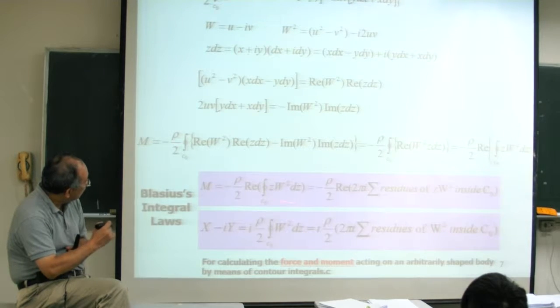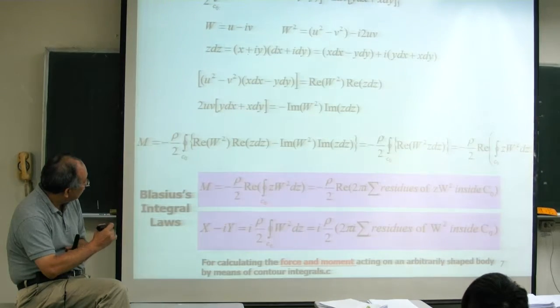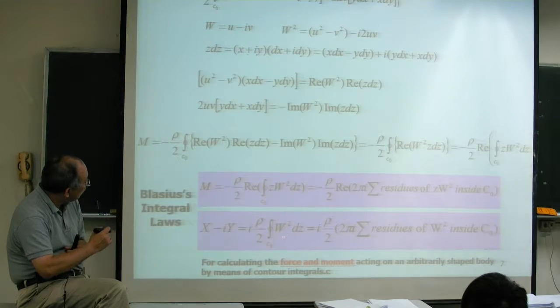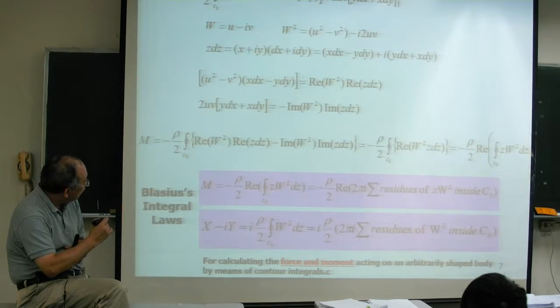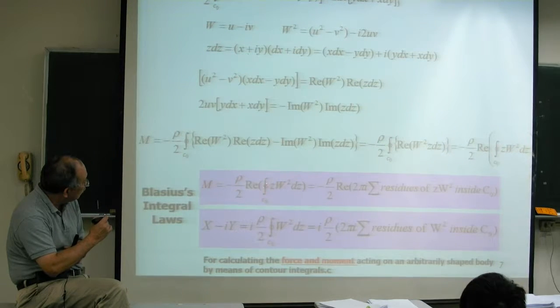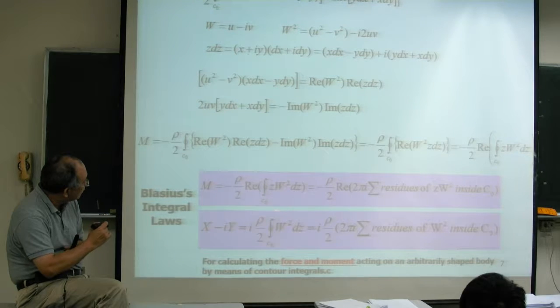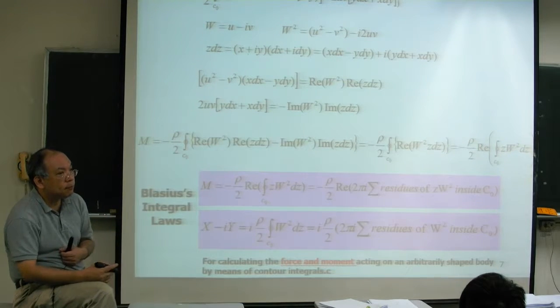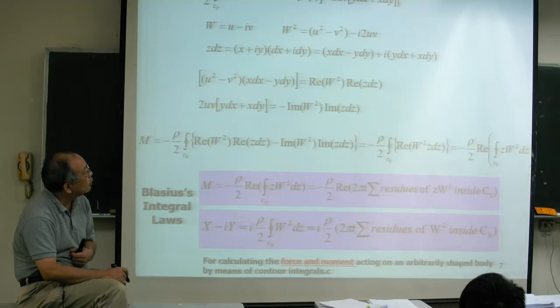Okay, here is the equation you will use. Instead of w squared like in the force, we take z times w squared, and also take a closed loop integral of this, and then after that we take the real part and multiply by a constant. This will give you the moment acting on this object.